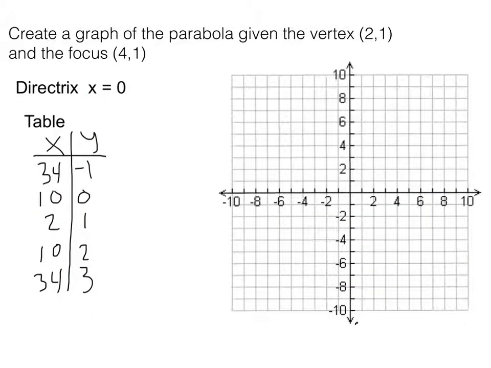All that's left to do is to plot the points. 2, 1, 4, 1. Directrix is going to be at x equals 0. The reason why it's at x equals 0 is we count backwards the c value from our vertex, and then a couple more points, and we're done.